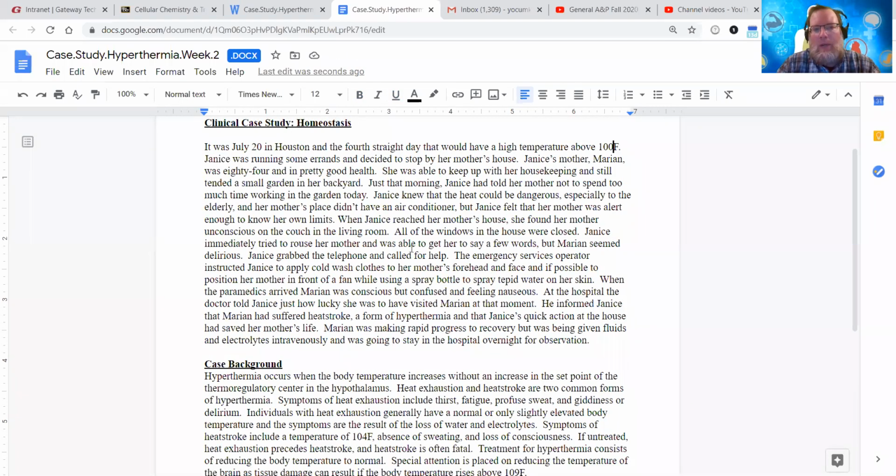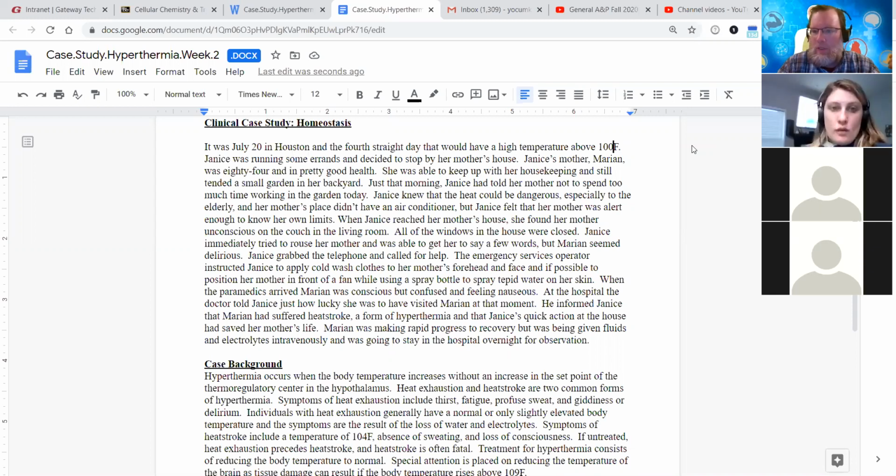But anyway, we've got a lady living in Houston in the middle of July. And again, if you're unfamiliar with Houston, probably good for you. But if you are, it's very hot there. It's very muggy. And the middle of July is not a place to be. Middle of any day is probably not the place to be, but definitely not middle of July. Temperatures above 100 and extremely muggy down there.